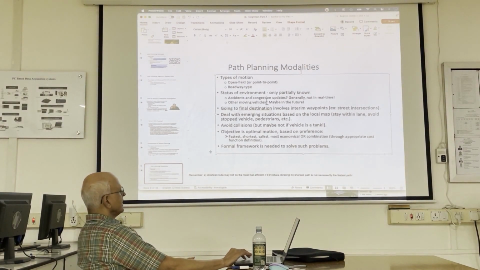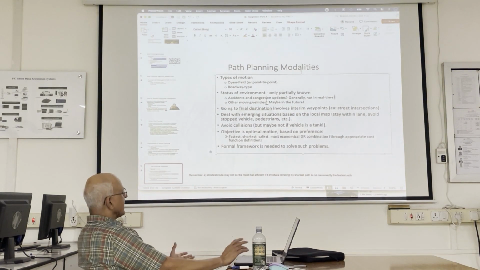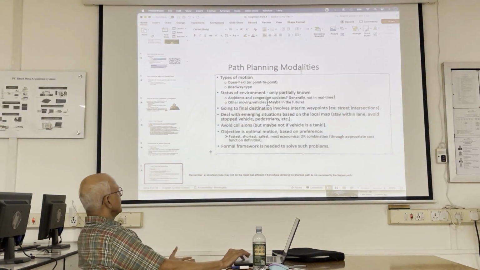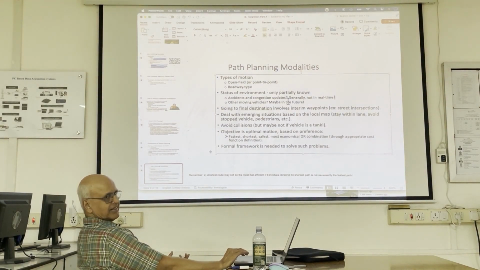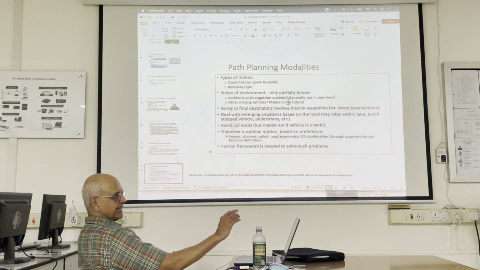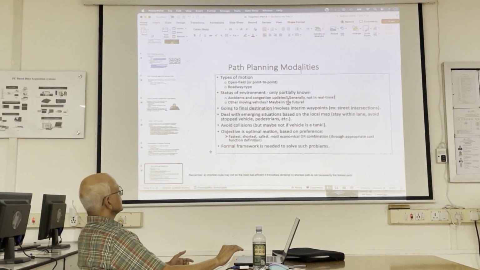Other moving vehicles are definitely not on the map, right? So self-driving cars, their maps have it, but human beings, other moving vehicles are not going to show up on the map. So maybe in the future at some point they'll put it on the map so you can figure out congestion yourself. Because then you'll know that, okay, the next segment of road, there's a lot of vehicles. And you can take the exit and do something different.